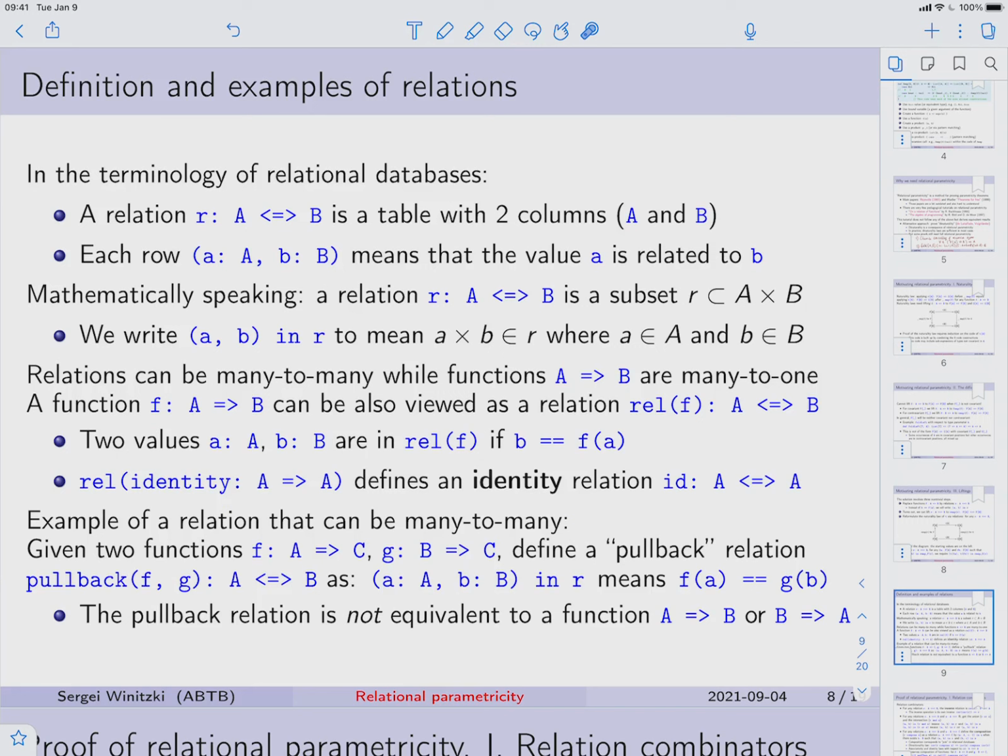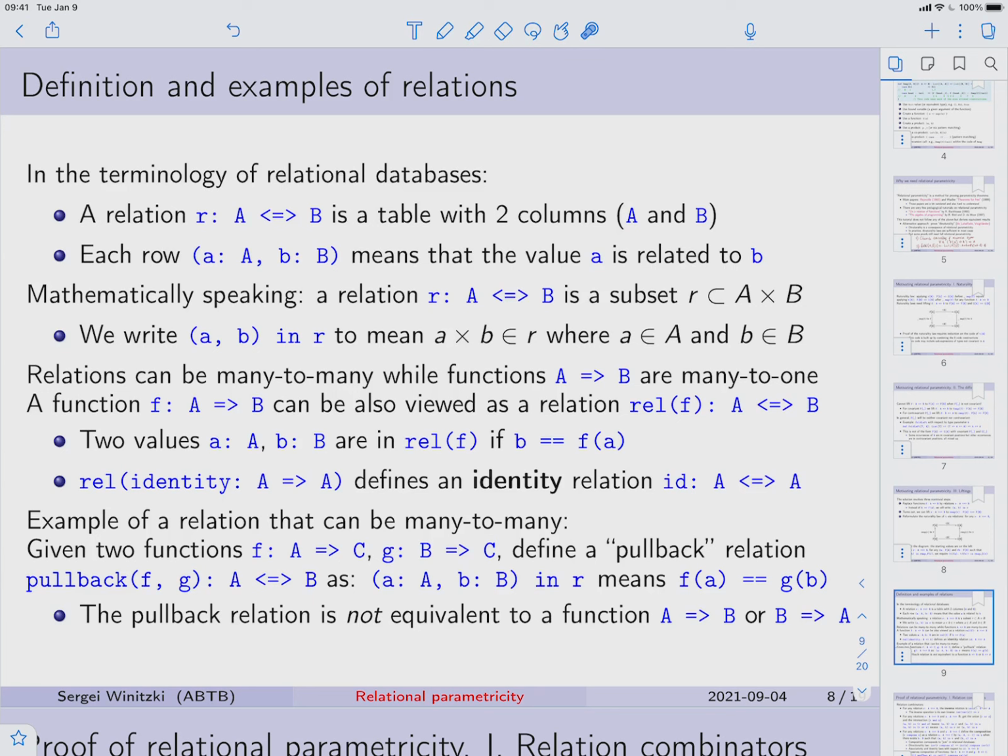In the terminology of relational databases, a relation is just a table with two columns. The columns are of types A and B, so they have values of types A and B, respectively.